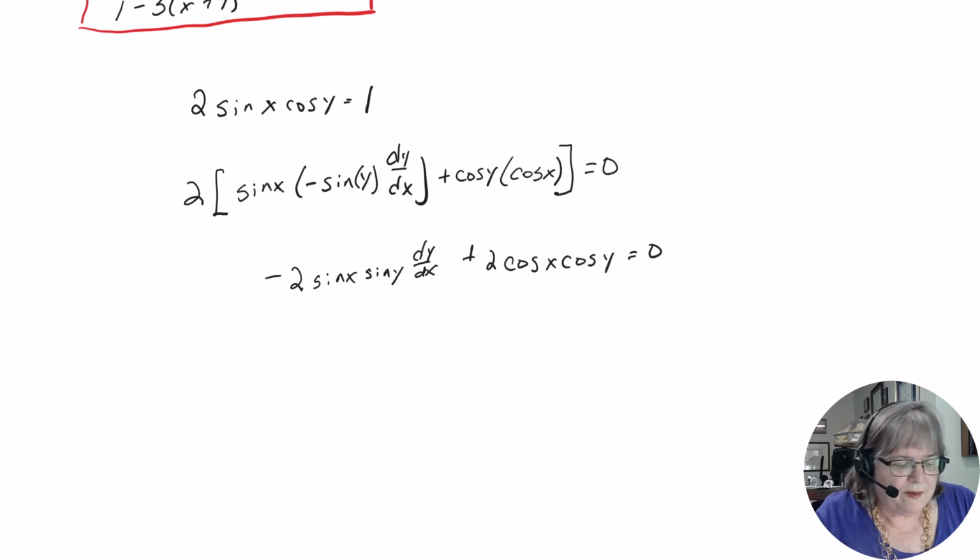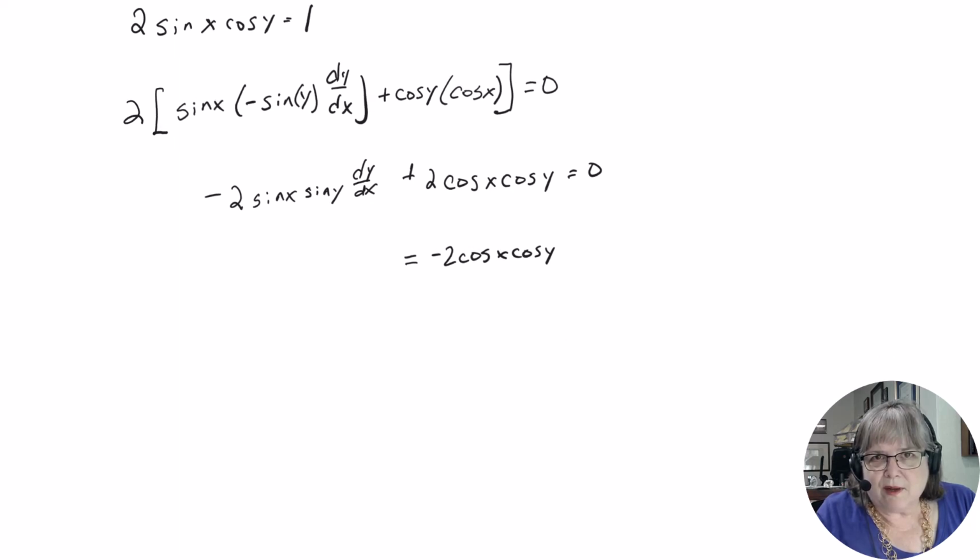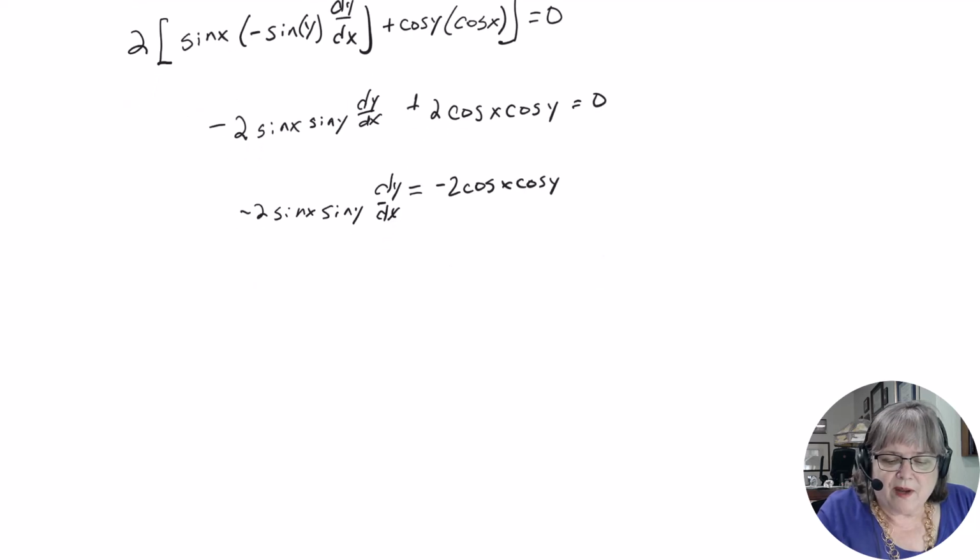Okay, equals 0. So I can move the 2 cosine x cosine y, since they don't have any dy dx with them, to the other side. And I have minus 2 sine x sine y dy dx. Divide both sides.